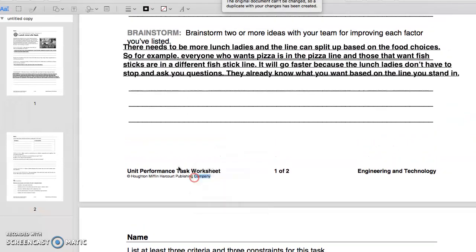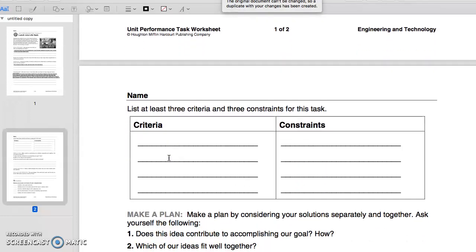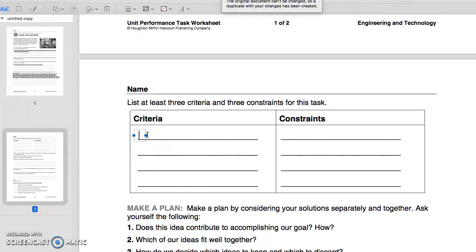You can pause if you need to and move on here. 3 criteria and constraints. Okay, so for my goal, the constraints are limited time, limited space, right? The cafeteria is only so big. Limited people, right?